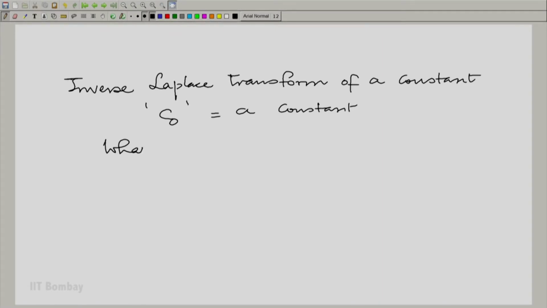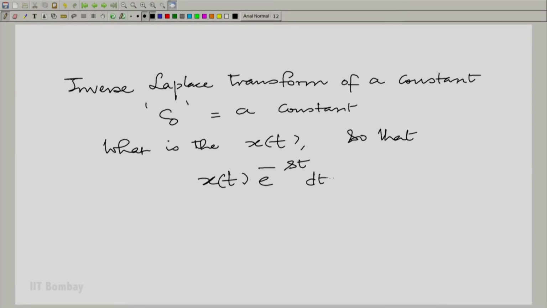In other words, what is the x(t) so that the integral of x(t) times e raised to the power minus st dt, over all t, gives you just a constant C0? You would have to just pick something. One simple way is to put x(t) equal to C0 times delta(t), and you get the answer.